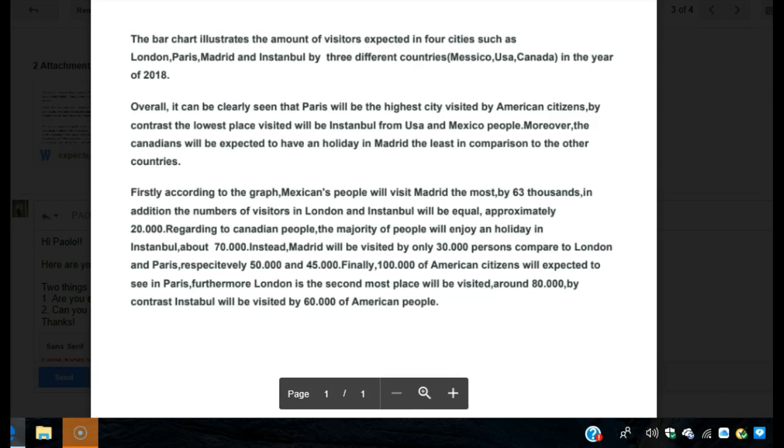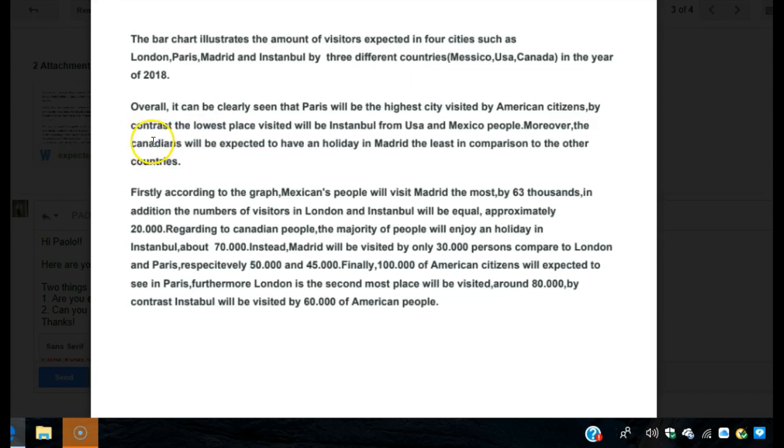Moreover, the Canadians will be expected to have an holiday in Madrid, the least in comparison to the other countries. Okay, I don't have the chart in front of me, and so I'm not really sure what this means. So, first of all, Canadians should be capitalized. That's the first thing.